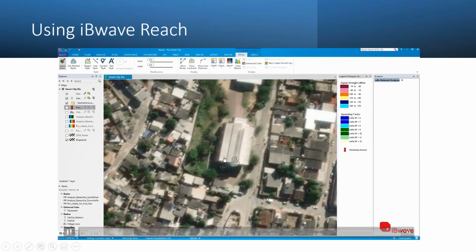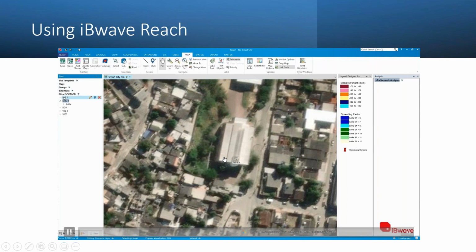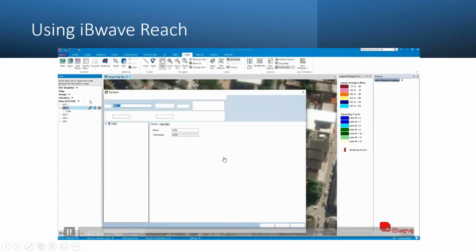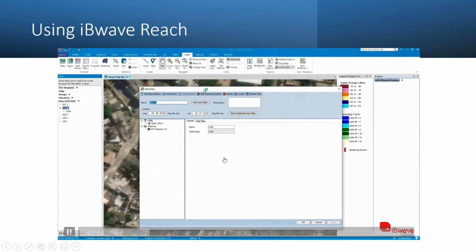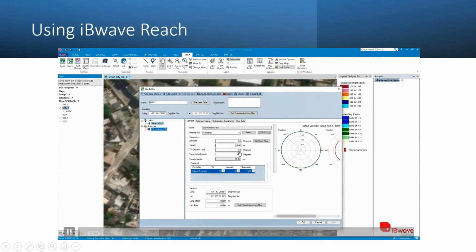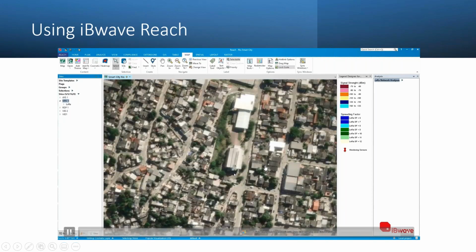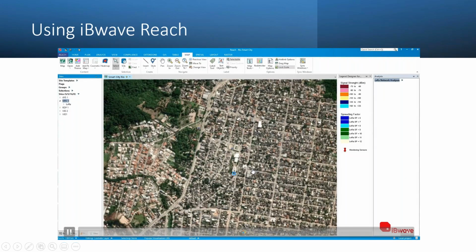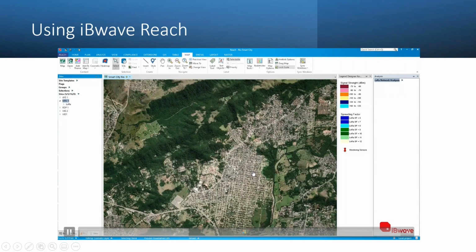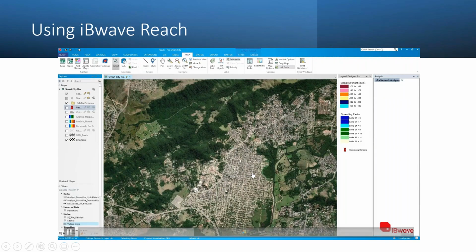We bring them here to Reach, and in Reach we can install or recreate the same infrastructure. We have a gateway 12 meters above the ground, using an omnidirectional antenna. And what kind of coverage does this solution give us? This is what Reach will help us to calculate.